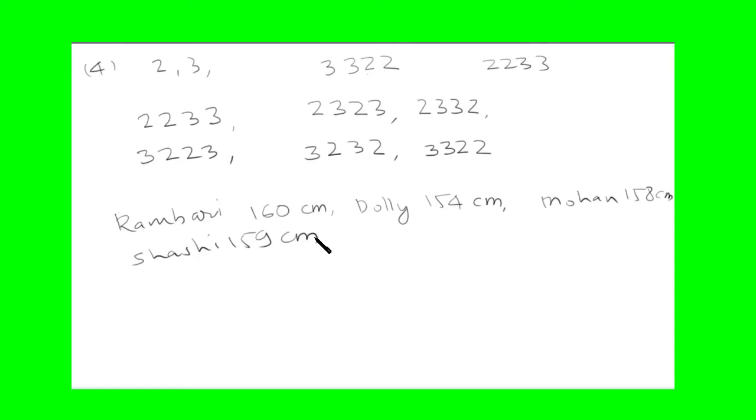So we have to arrange these in decreasing order of height and increasing order of height. First we start with increasing. We have to find the least number out of 160, 154, 158 and 159. 1 is always at the hundreds place in all the cases, so 1 is fixed.